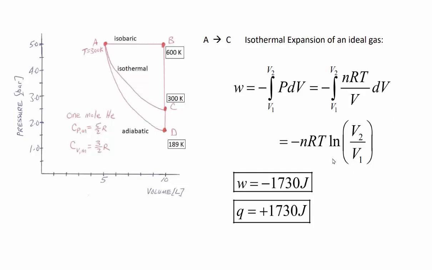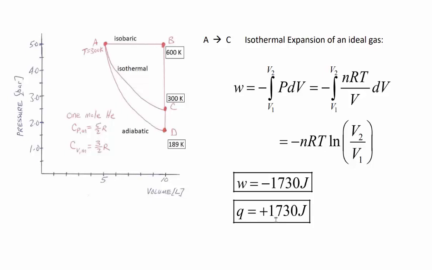The integral of that is ln of V. Plugging in V2 and V1 and filling out the rest, I get that work is minus 1,730 joules. Remember, the value of the ideal gas constant R in energy units is 8.314. That's basically how I got to minus 1730.